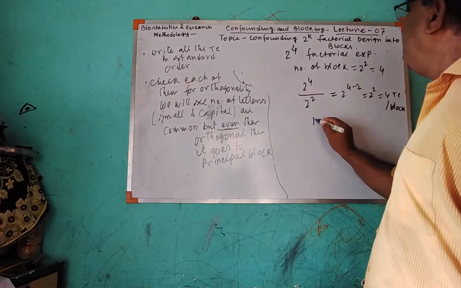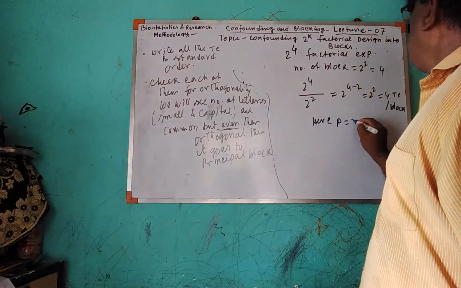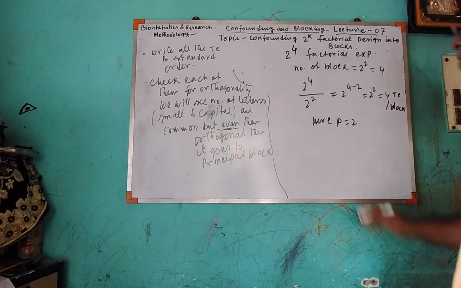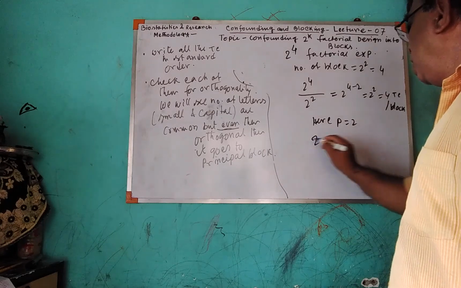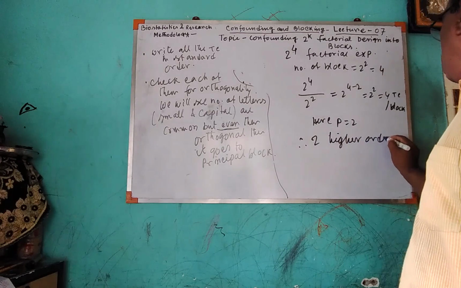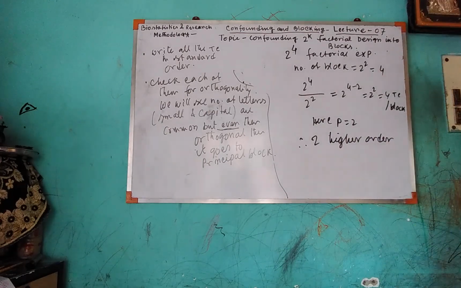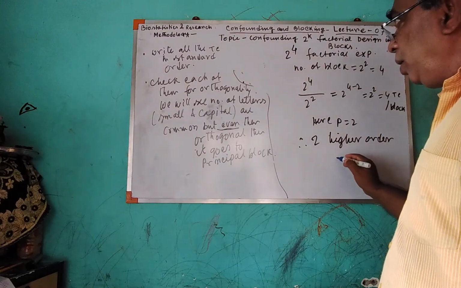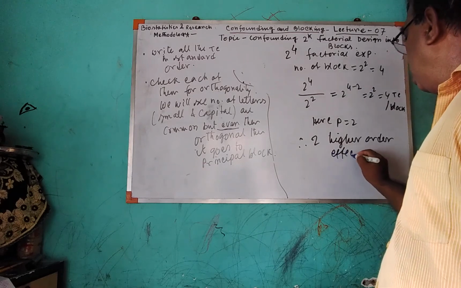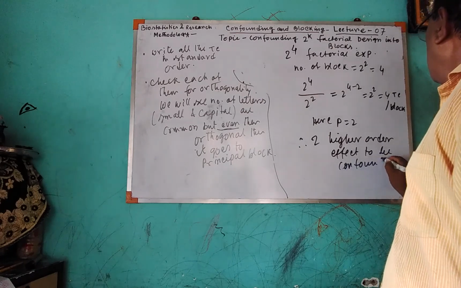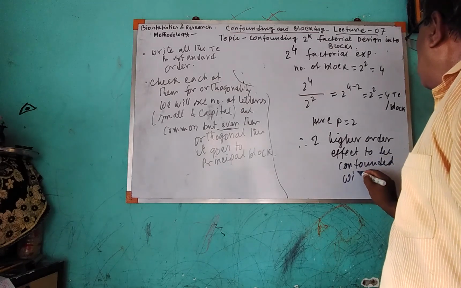Here p equals 2, that means 2 higher order effects are to be confounded with the blocks.